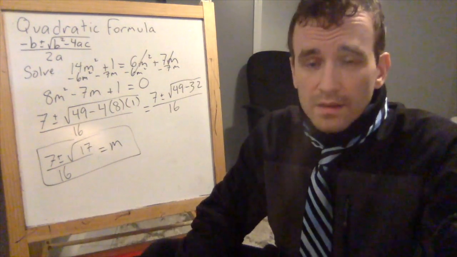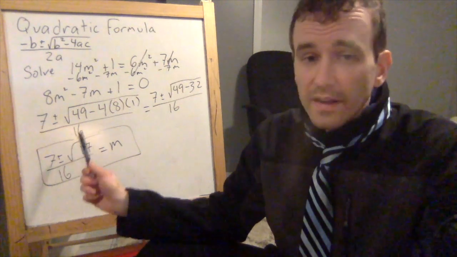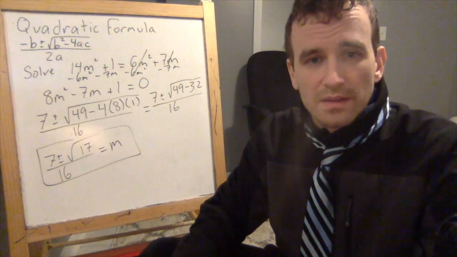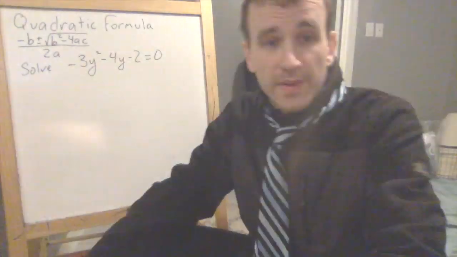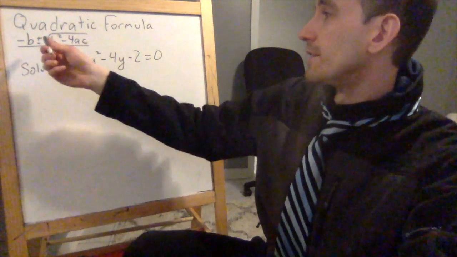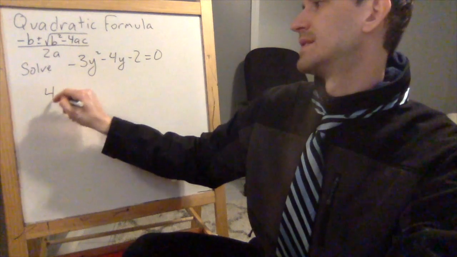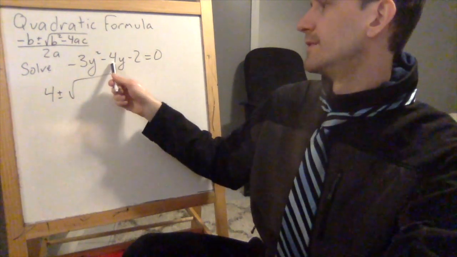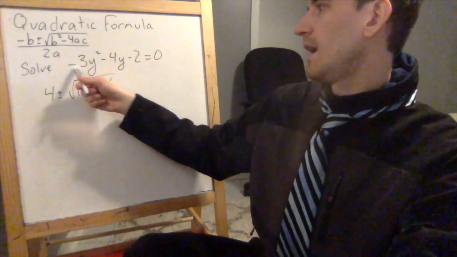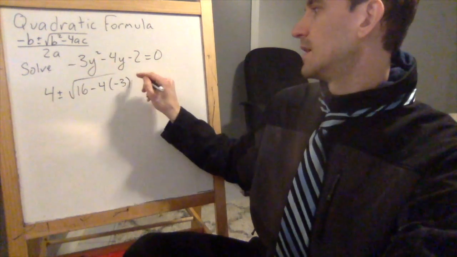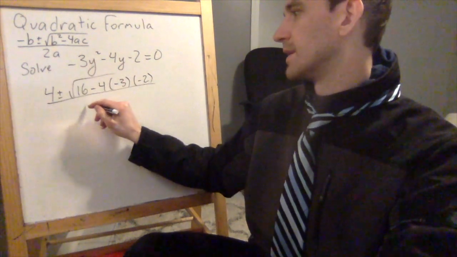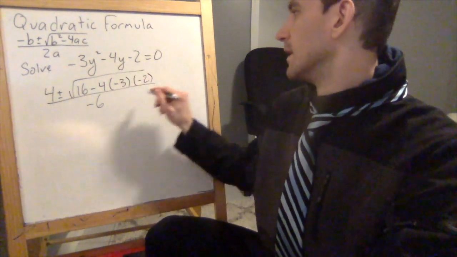And again, just like completing the square, this works even if our answer is irrational. This equation can't be factored, but we can still get a solution using the quadratic formula. Let's say we wanted to solve negative 3y squared minus 4y minus 2 equals 0. Again, just plug it into the formula. Negative 4 gets us a positive 4, plus or minus the square root of negative 4 squared, which is 16, minus 4 times a, which is negative 3, times c, which is negative 2, all over 2 times a, which is negative 3, so that's negative 6.